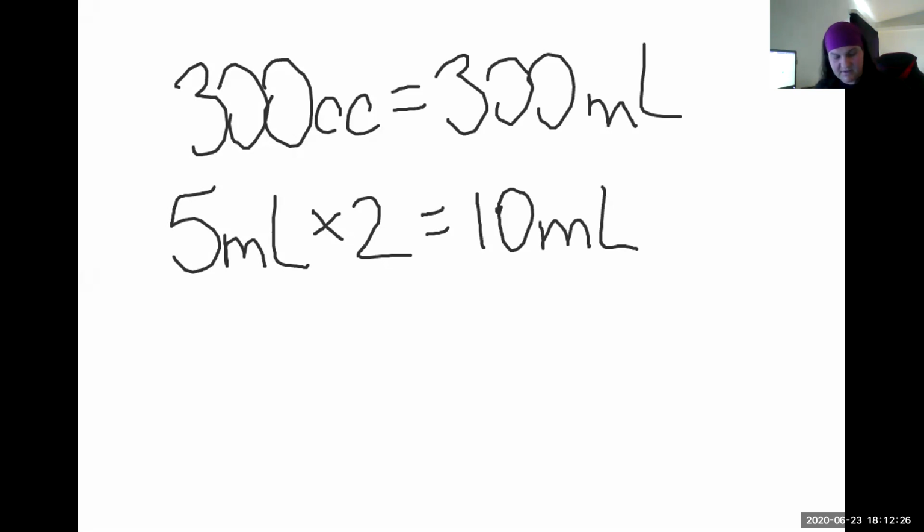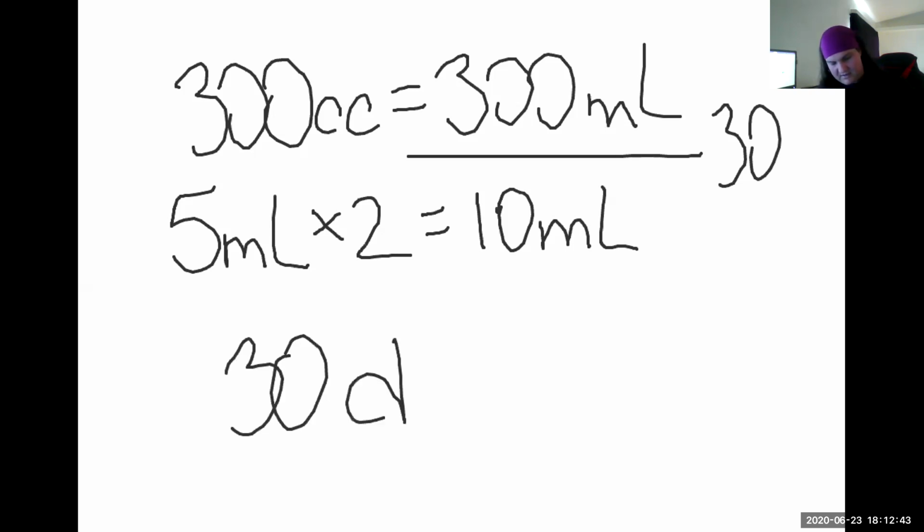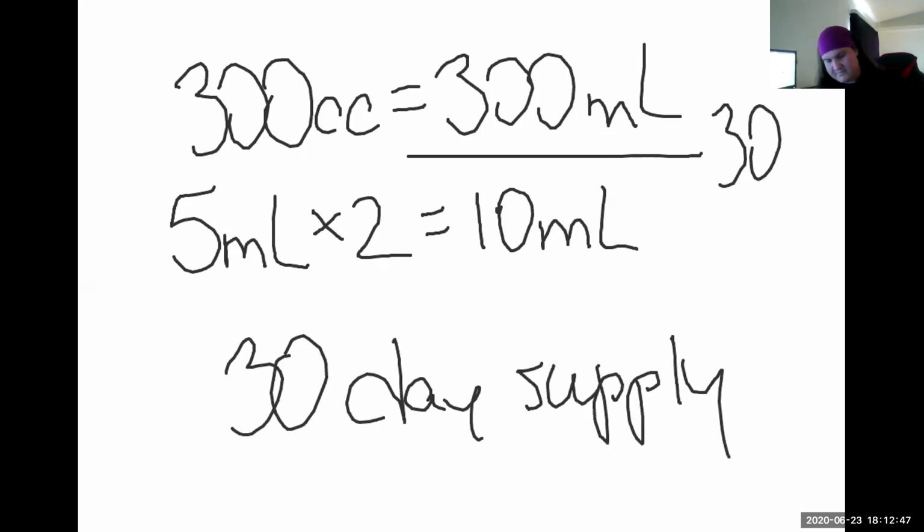So we have 300 mLs, and we know that the cat's going to use 10 milliliters a day. You divide it. 300 divided by 10 equals 30. This is a 30-day supply. Again, sorry for my terrible handwriting.